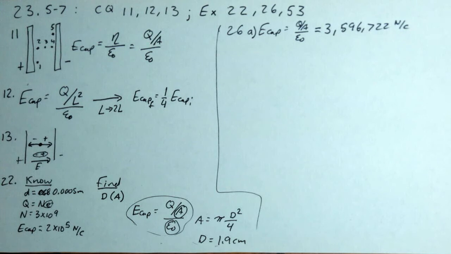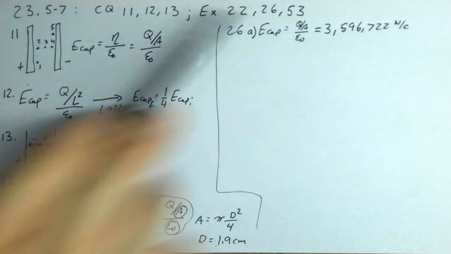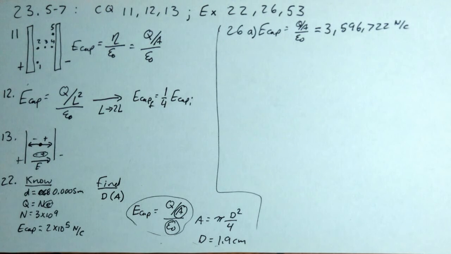So thousands, tens of thousands, hundreds of thousands, and even millions of newtons per coulomb is a reasonable electric field depending on the situation. In this case, we have a pretty large amount of charge on these plates, and very small plates. So large charge, small plates, which makes it a big electric field. Okay, so that's part A.